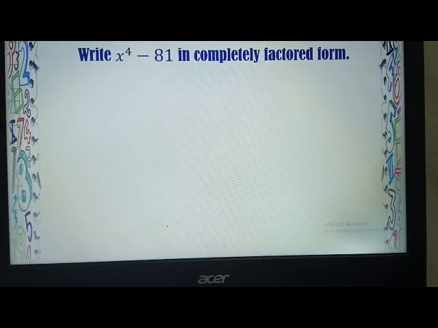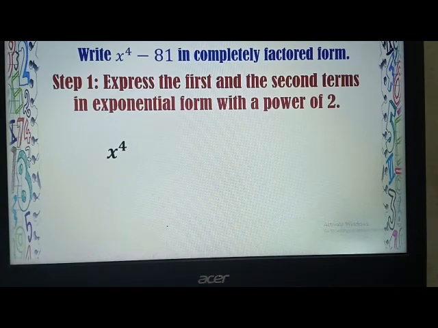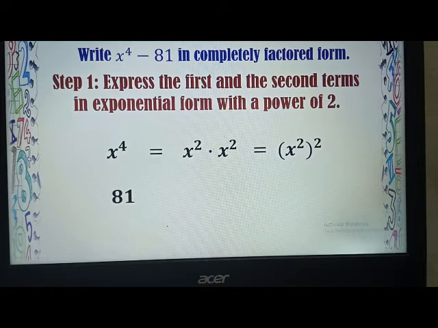Example 4. Write x raised to 4 minus 81 in completely factored form. Step 1. Express the first and second terms in exponential form with the power of 2. So we have x raised to 4. That's x squared times x squared, or the square of x squared.